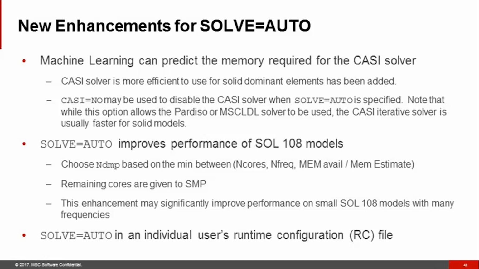You no longer have to decide what is the best memory or what is the best SMP or DMP option. Of course, you do have the option to do it yourself if you would like to, but the automatic way will save you a lot of time.